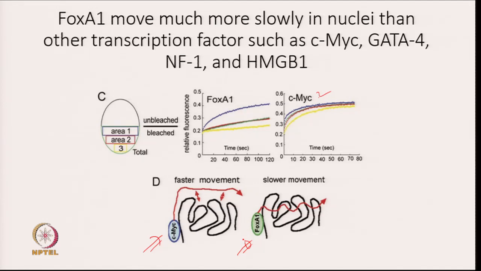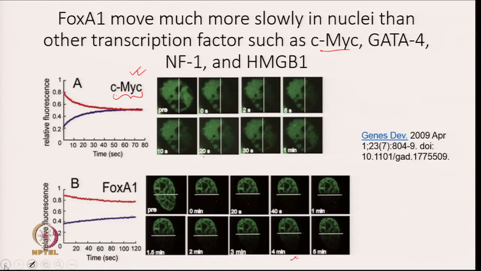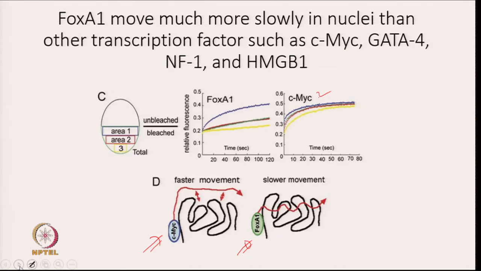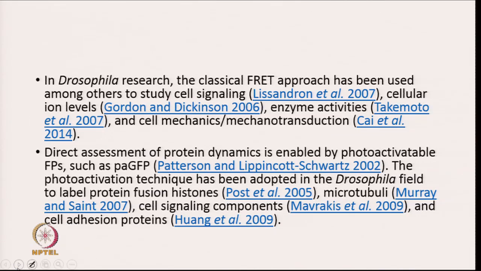This is one example. Several such examples are present in the literature. So, FLIP and FRAP are generally used to look at movement, and all these things can be used to look at movement in a cell.